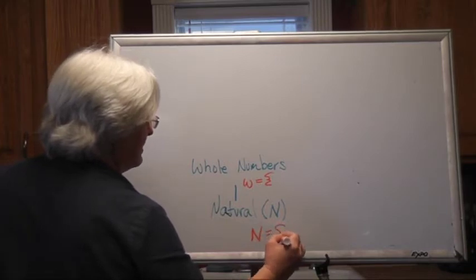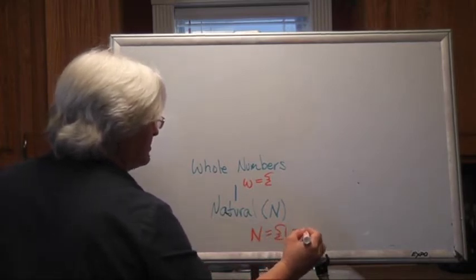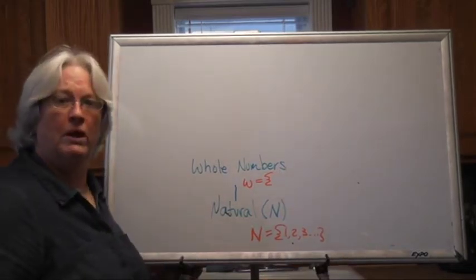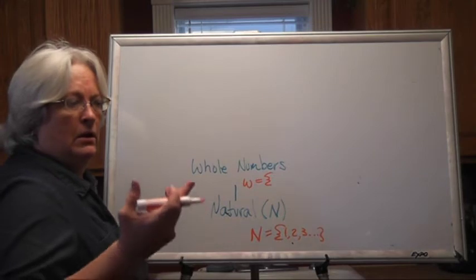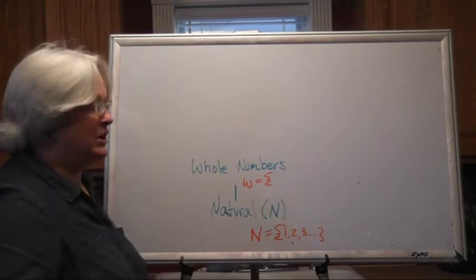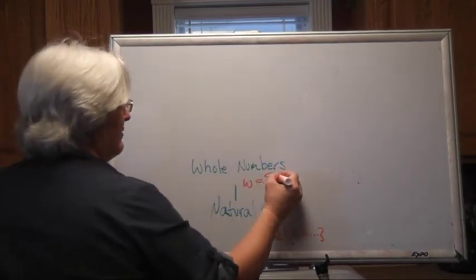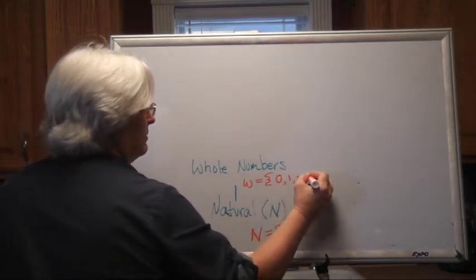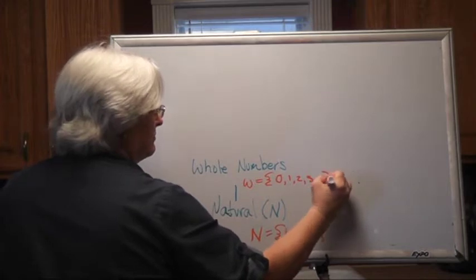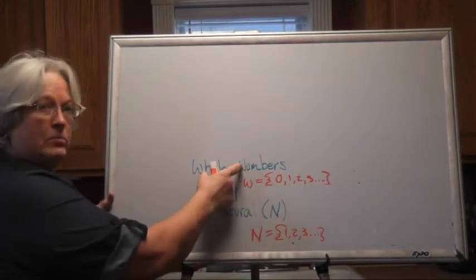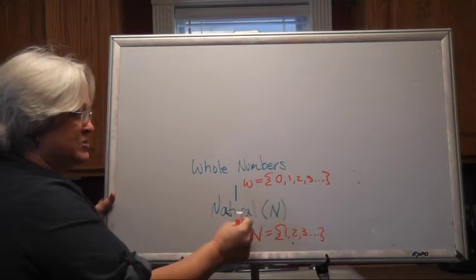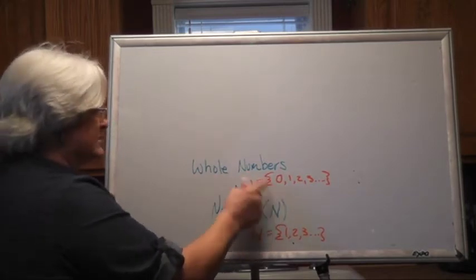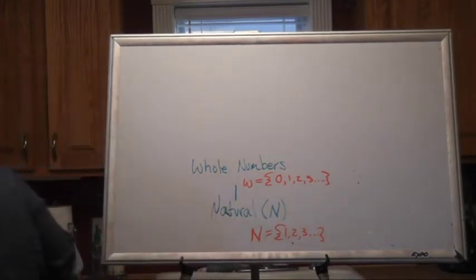The natural numbers, I just said, were our counting numbers, starting with 1, 2, 3. And we learned that when we ran out of jelly beans, we didn't have any jelly beans left, and there was a number for that, and that was 0. So it was 0, 1, 2, 3, and so forth. A smaller subset of the whole numbers is the natural numbers. The natural numbers plus 0 gives us the whole numbers.